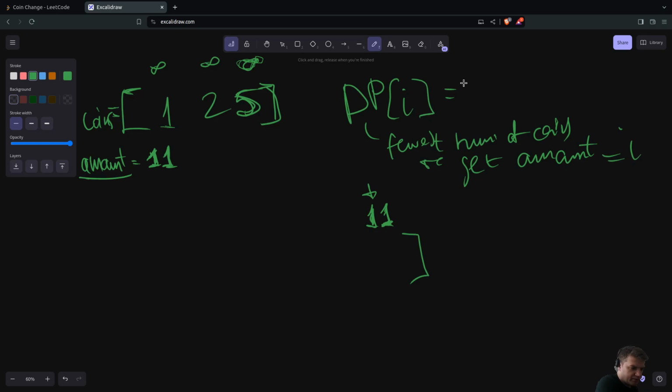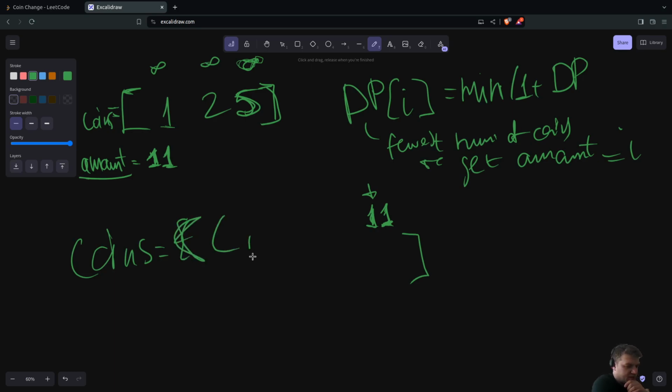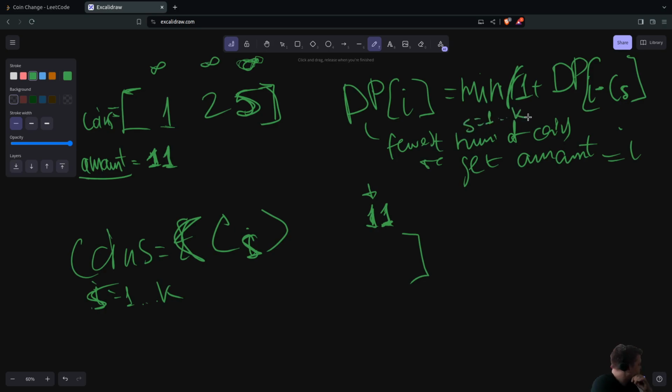So it's going to be the minimum over 1 plus dp of i minus c_s, where c_s is a coin and s goes from 1 to k. So this is the formula.